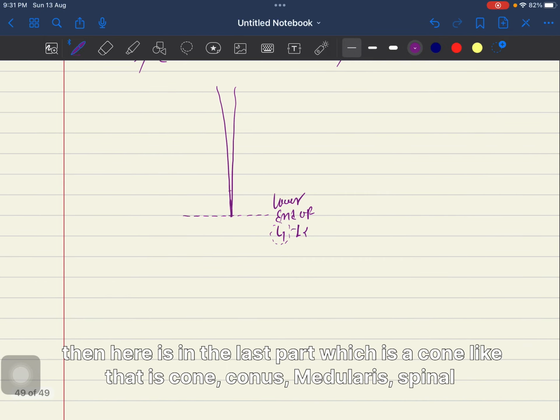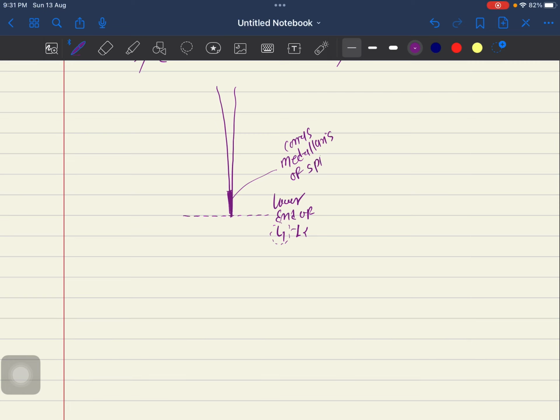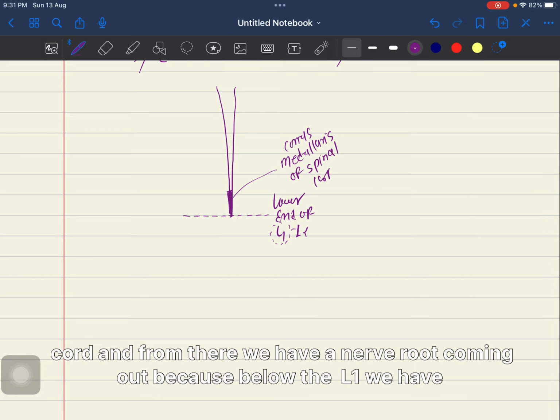And then the last part, which is cone-like, is called the Conus Medullaris of the spinal cord.